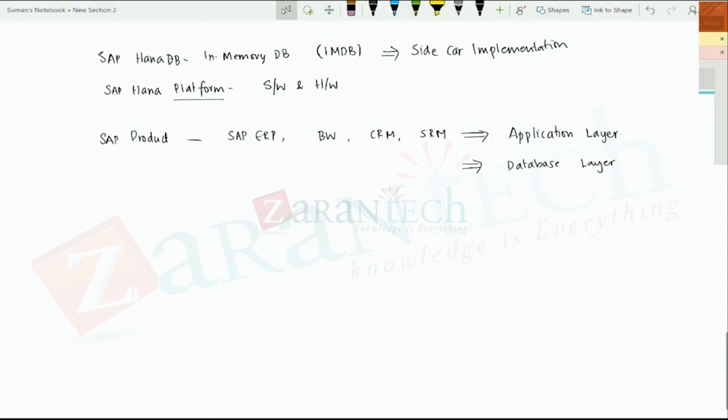When SAP first came up with the ERP product in the 1970s, the system was called SAP R1. R referred to real time, though they did not really understand the concept of real time at that point.